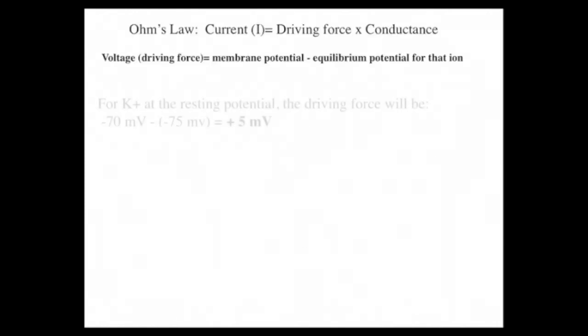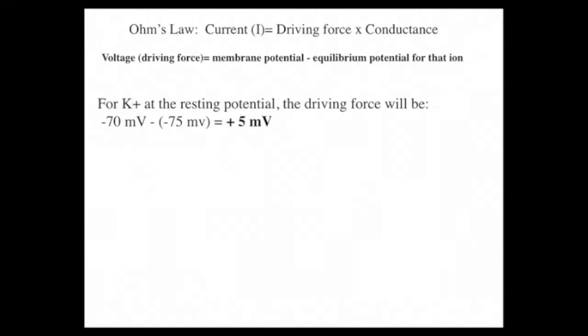So, let's take one example. For potassium, at the resting potential, the driving force will be, the resting potential is minus 70 millivolts minus the equilibrium potential, which is minus 75 millivolts. Therefore, the driving force is plus 5 millivolts. And all that says in words is that you have a high concentration force driving potassium out of the cell.